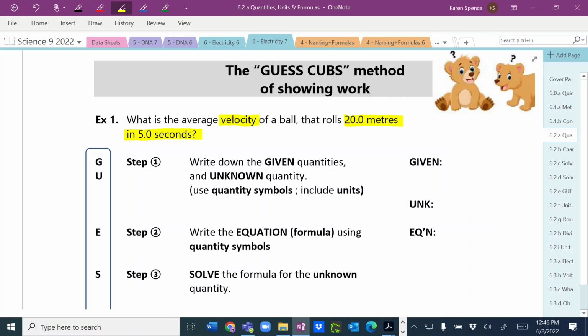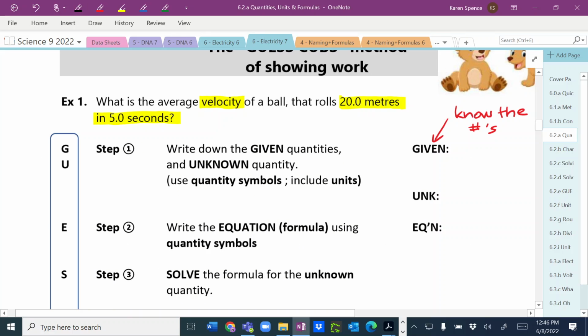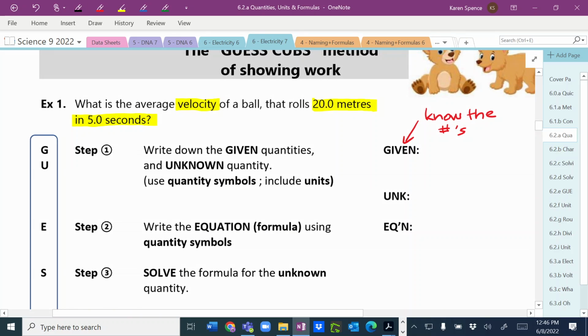So given things, these are the ones where you know the numbers. So what information are we given in this question? Where are our numbers?